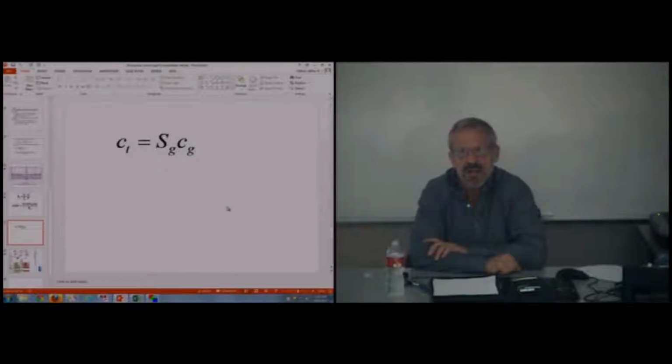So we're approximating in the work we're going to do in this class in Chapter 6 and Chapter 9. We're actually probably going to get started on Chapter 6 tonight. We're going to need a compressibility term, and anytime you see CT, total system compressibility, we're always going to approximate that with the product of the gas compressibility and the gas saturation.